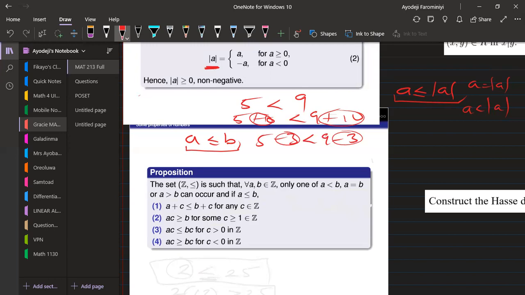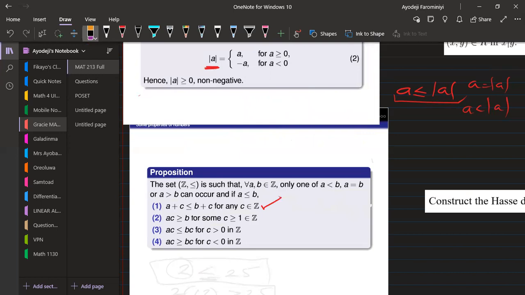Okay. So this is true. But when it comes to that property B, for example, if you are dealing with inequality, if I ask you to solve this, x plus 2 is less than 5, what would be your answer?